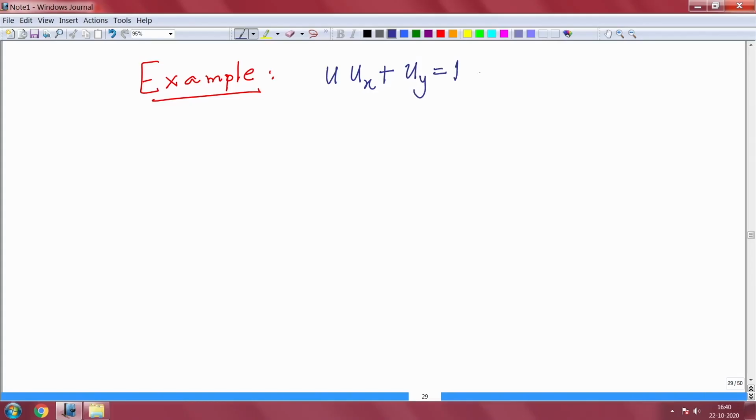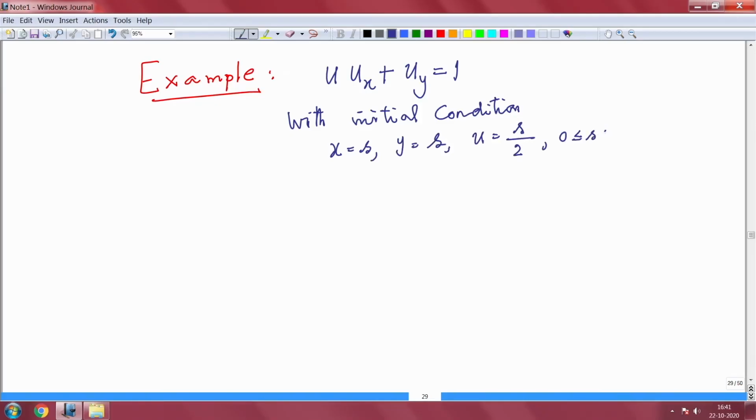I will tell you the method, but try to work out more examples. What are the initial conditions? Initial conditions: x equal to s, y equal to s, and your u equal to s by 2, with 0 less than or equal to s. What is that curve? You should understand that curve.